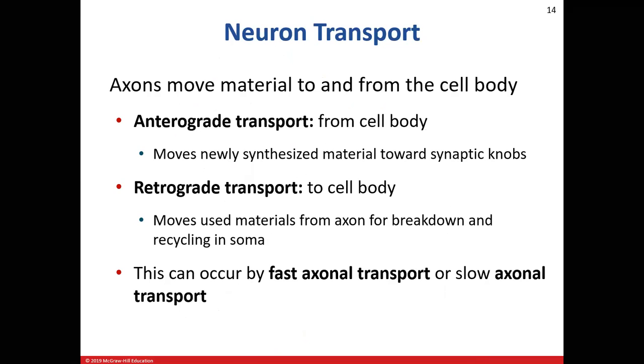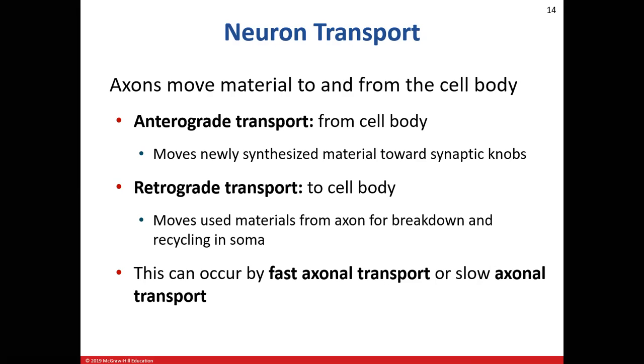So now we start looking at how neurons transport structures or substances within the cell itself. We have what we call anterograde transport and retrograde transport. Anterograde transport is from the cell body.